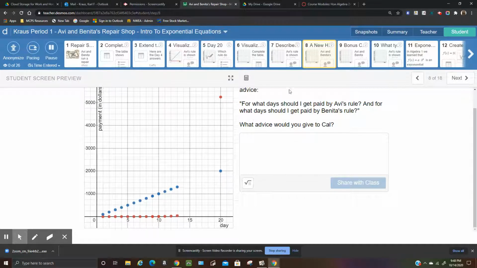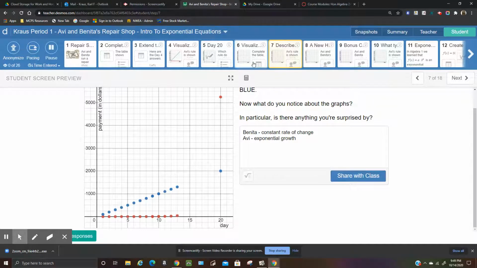So I have to look back at the table here to really get an idea of what's going on.